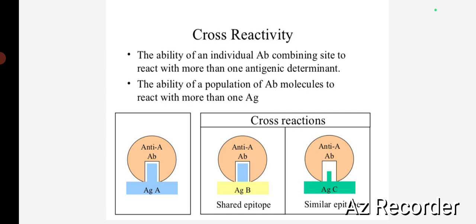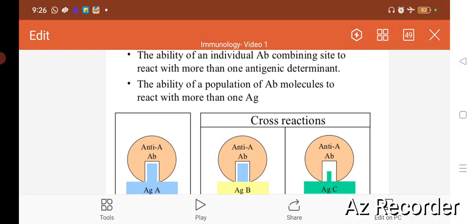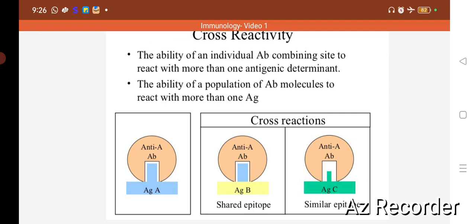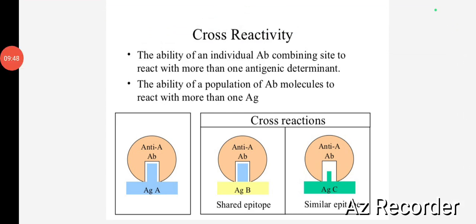For example, the first picture shows the anti-A antibody binding alone to antigen A. This is the normal one. Next one, the cross reaction picture. Anti-A antibody reacts with antigen B epitope. Next, anti-A antibody reacts with antigen C epitope also.